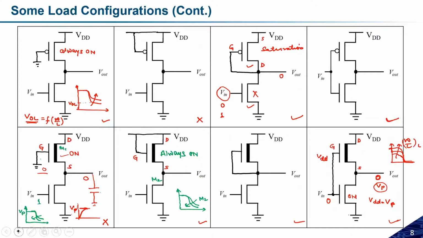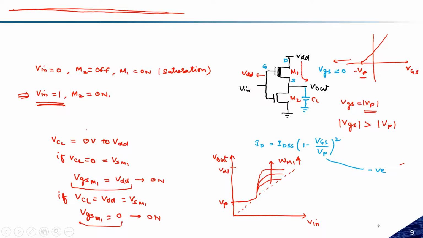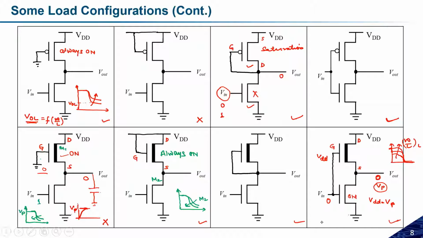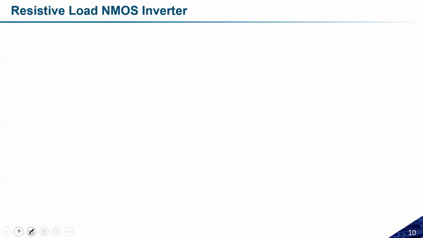An important thing I need to mention: this particular circuit will not act as an inverter, but instead will act as a buffer. This is the wrong diagram. So this is how this circuit will work. Till now we discussed the different kinds of variants.